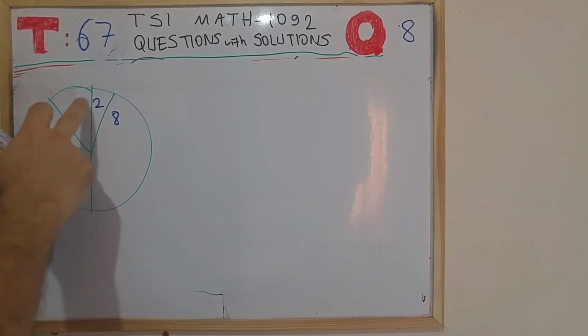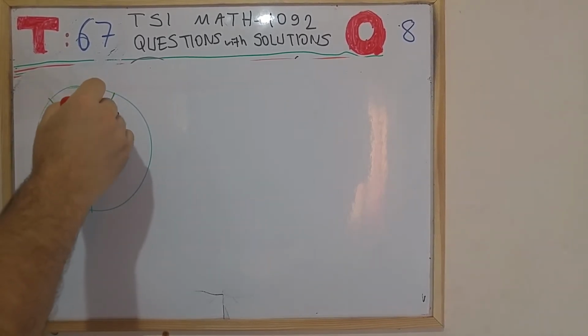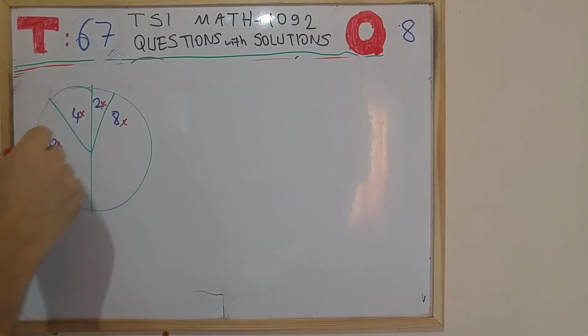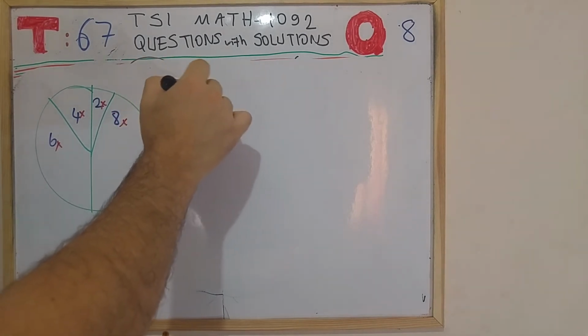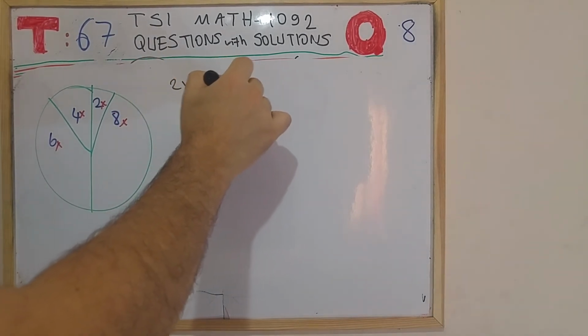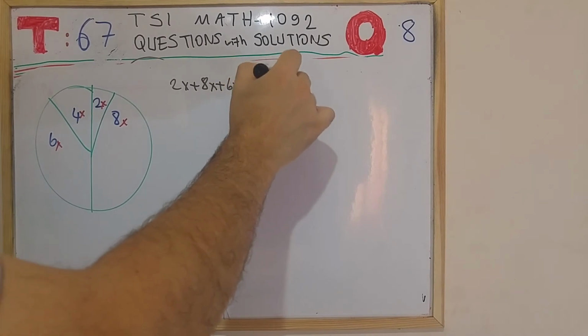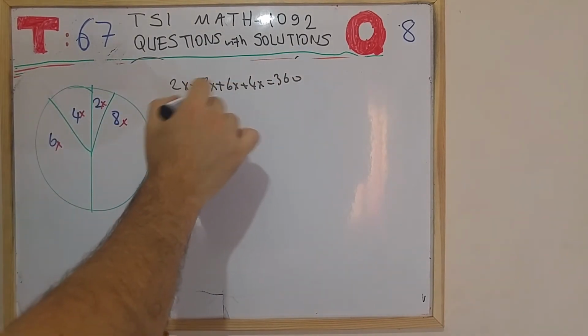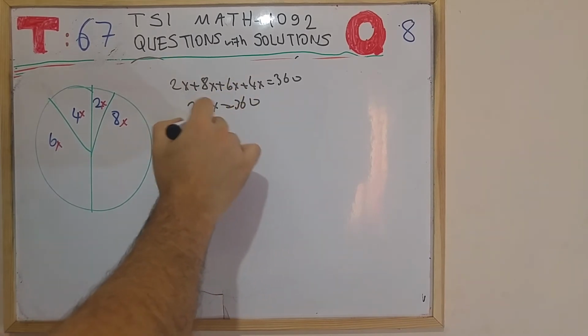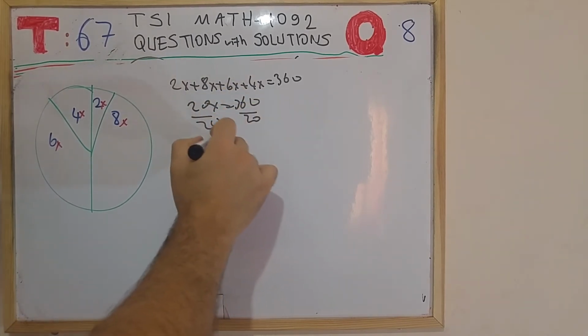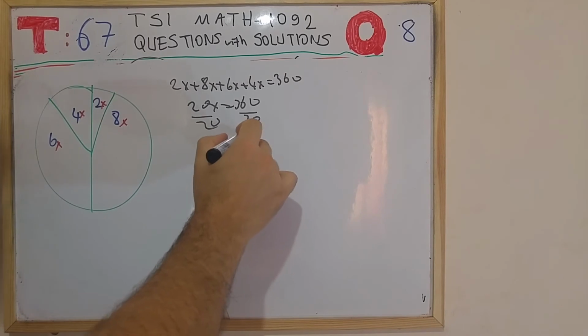Let's see how much one x, let's call this x, is equal to. 2x plus 8x plus 6x plus 4x is equal to 360. And this is equal to 20x is equal to 360. When I divide each side by 20, x is equal to 18 degrees.